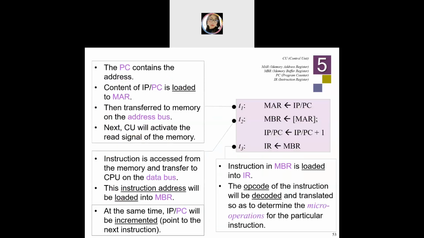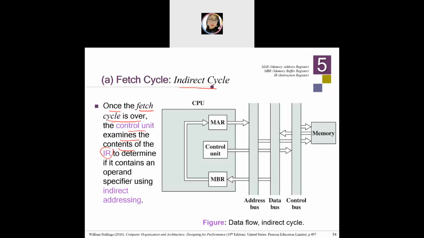After you have the IR, you're going to determine the content or operand specifier using your indirect address. So you will have the value for the indirect cycle in the IR. Then you go directly to the flow, quite similar to the previous one. So this is the data flow for the indirect cycle.